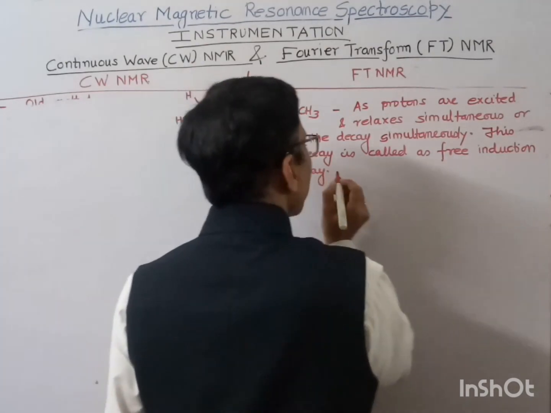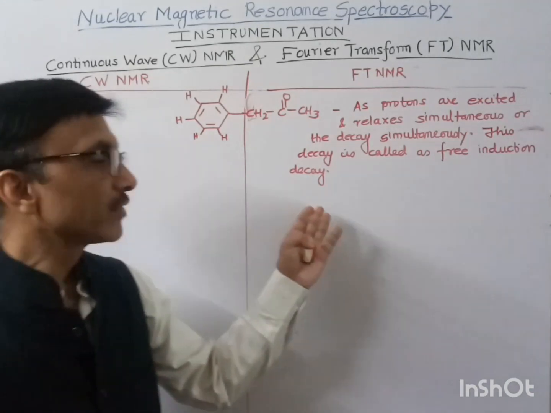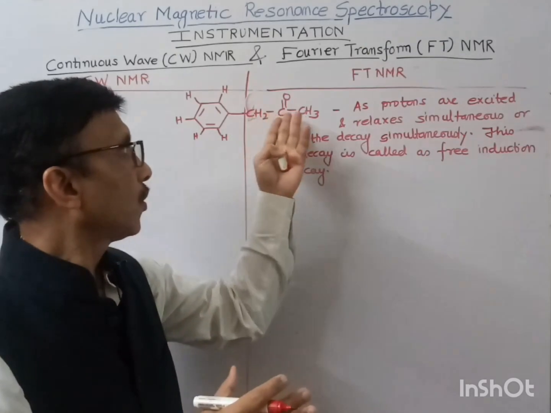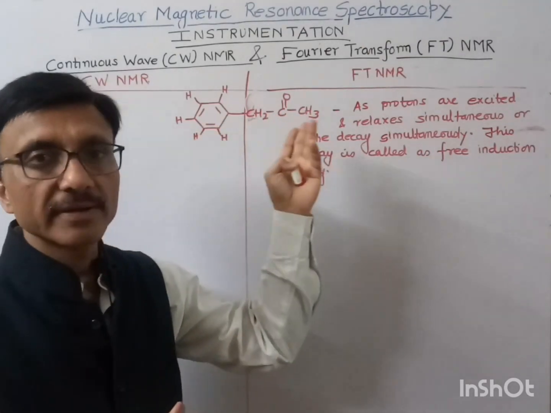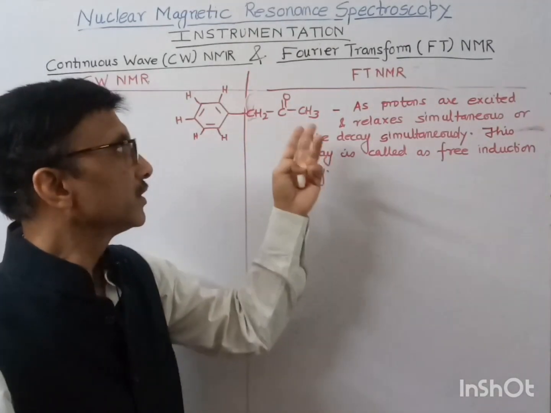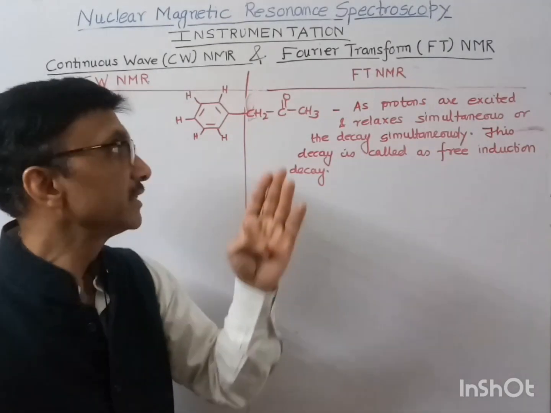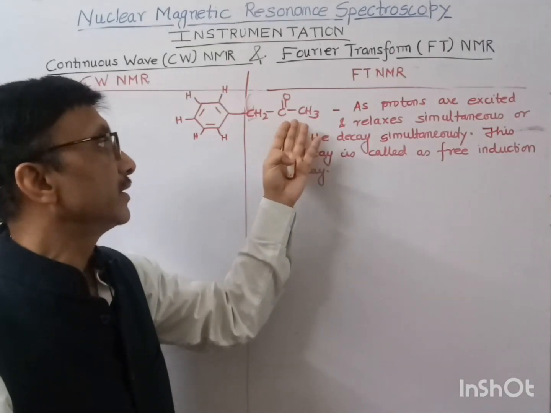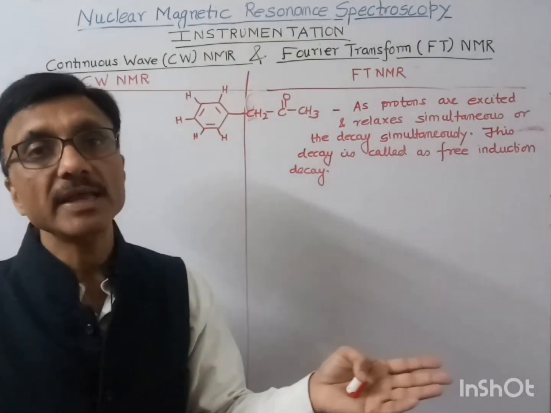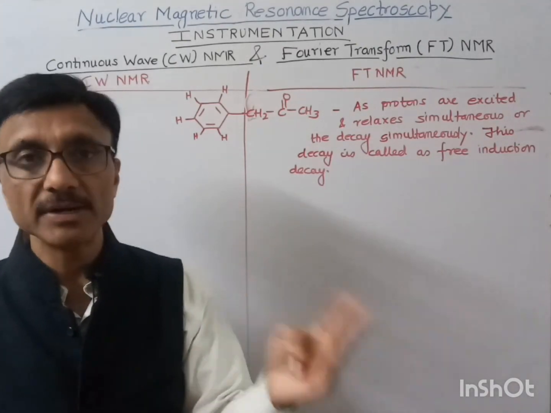As all the protons are relaxing simultaneously, all these 3 types of proton will resonate at 3 different frequencies. It means they will give 3 signals, or we can say they will be excited at 3 different frequencies, and they will also emit 3 different frequencies simultaneously.